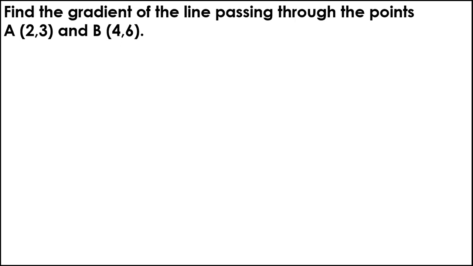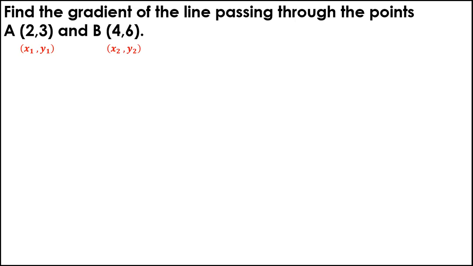Find the gradient of the line passing through the points A(2, 3) and B(4, 6). What do we know? We know that x1 is 2 and y1 is 3. Also, x2 is 4 and y2 is 6.